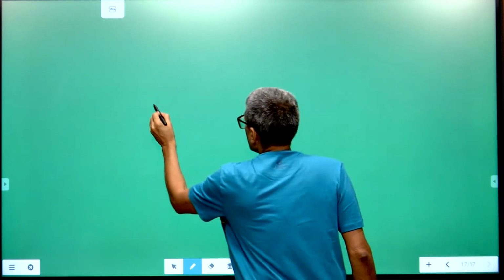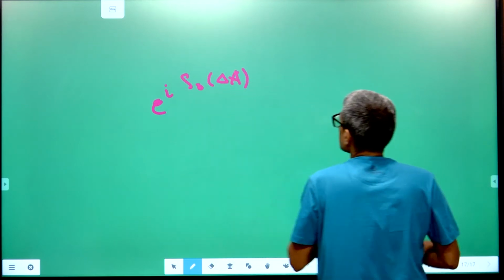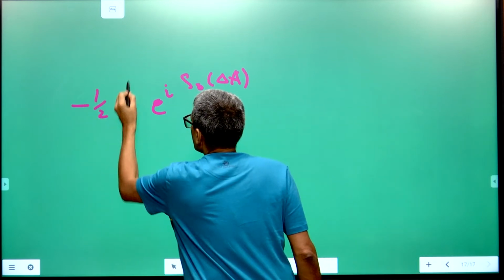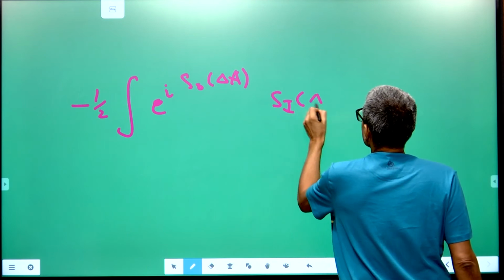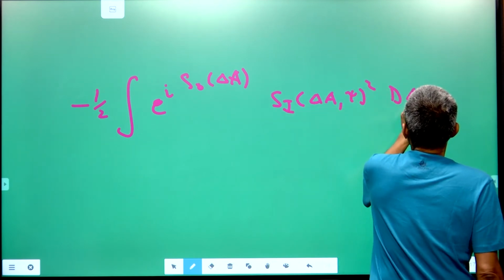You will get e power i S0 delta A times minus half the integral of Si delta A psi squared, with d delta A.